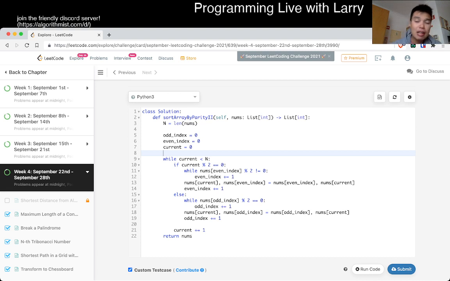As you know, I usually do complain about in-place problems because it doesn't usually make sense to have a function that's in place. It's there for a weird reason, and you're modifying the input as a funky thing to save some space that may not really make sense. That said, for this problem, I think it kind of makes sense to have it in place, because of sorting an array by parity.